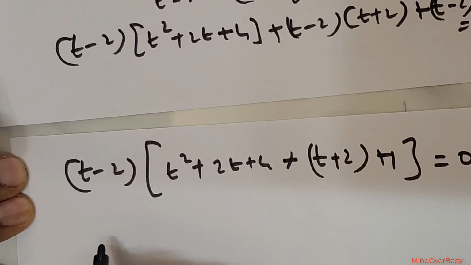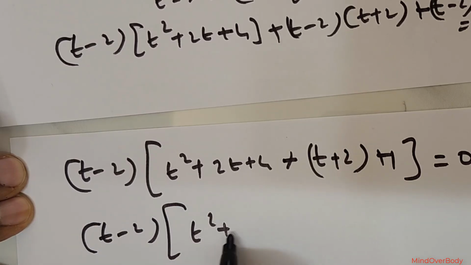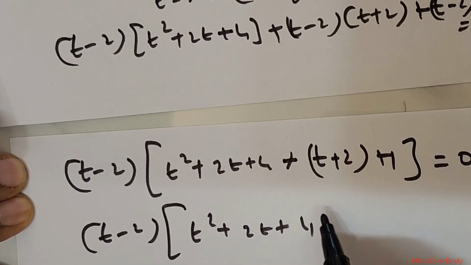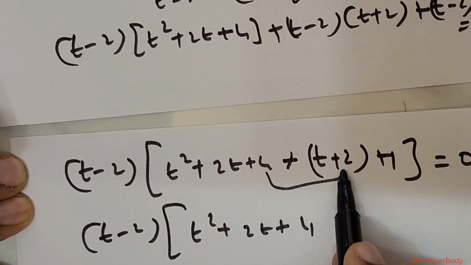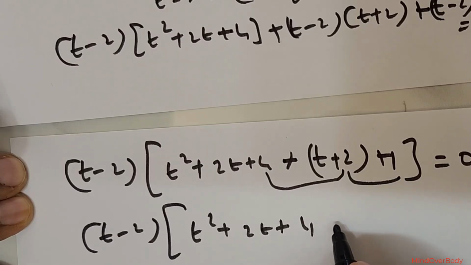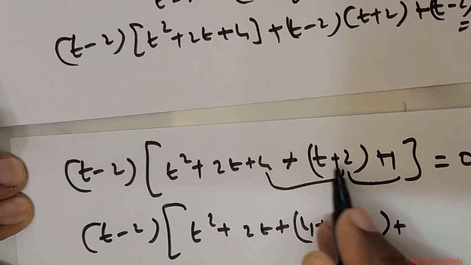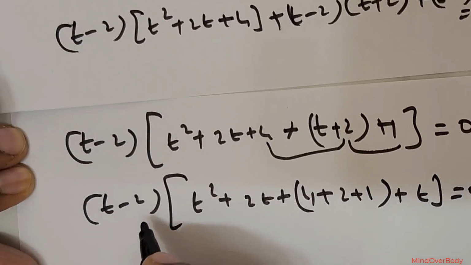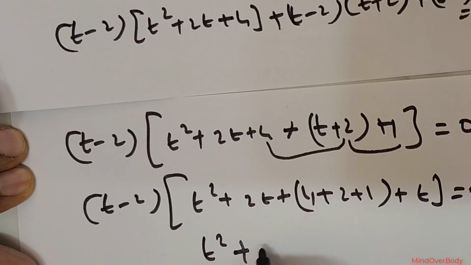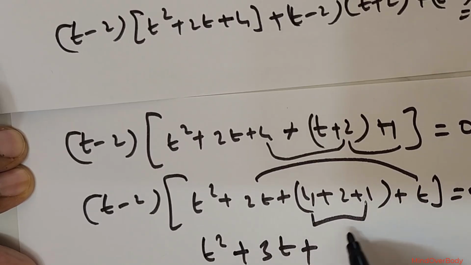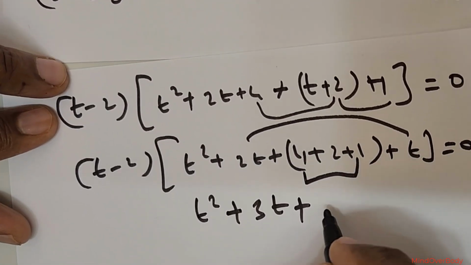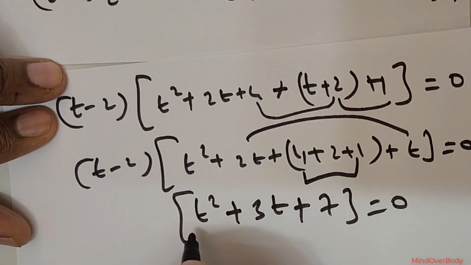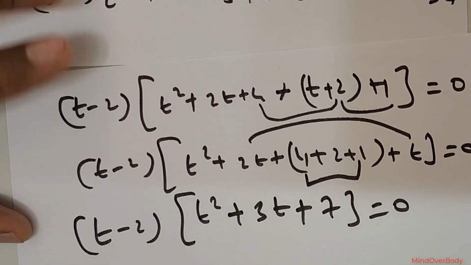Now this can be further rewritten as (t - 2)(t^2 + 2t + 4 + t + 2 + 1) = 0. 4 added with 2 is 6, 6 added with 1 will be 7, and then you have a t there. So this is going to be (t - 2)(t^2 + 3t + 7) = 0.